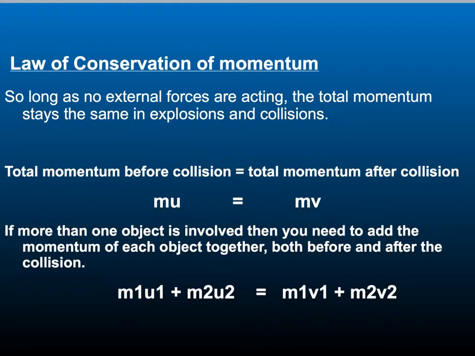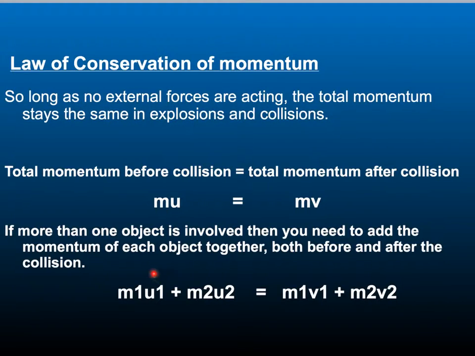To work out the momentum before the collision, we do mass times the initial velocity, which is u, and to work out the momentum after the collision, we do mass times v, which is the final velocity. If more than one object is involved, which is very likely, you need to add the momentum of each object together, both before and after the collision.